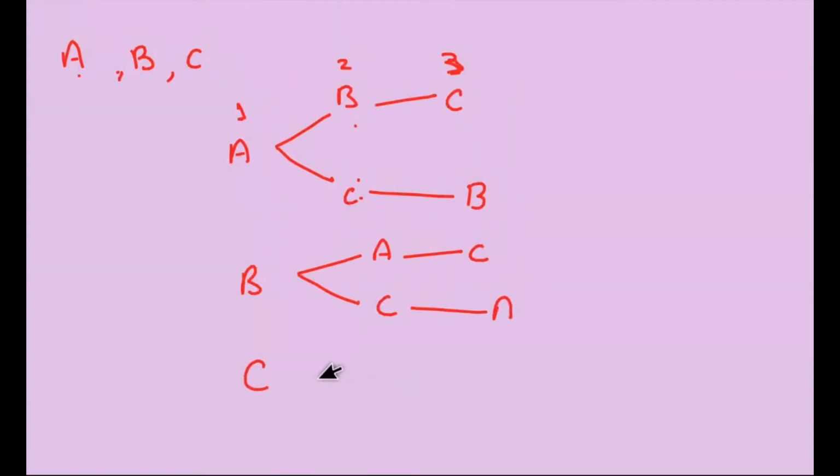Now if C stands on the first place, then A and B take the second place. If A is on the second place, then B will be on the third place. If B is on the second place, then A will be on the third place.